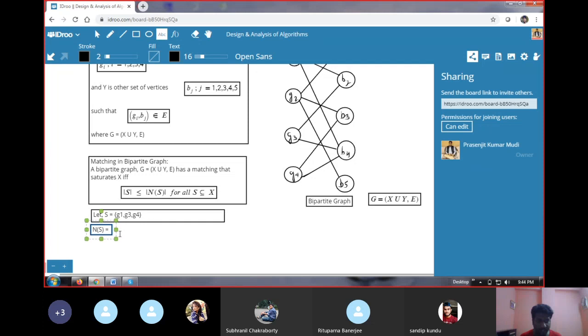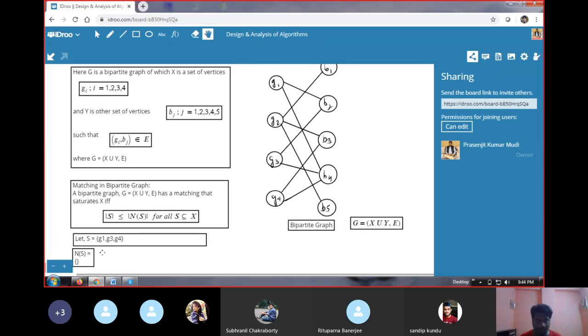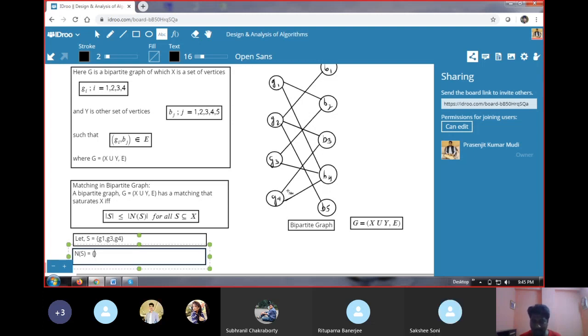Then N of S will be: 1 is connected to B2 and B4, 3 is connected to B2 and B4, and 4 is connected to B3 and B4.